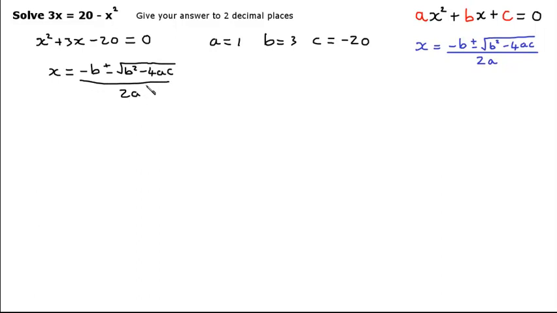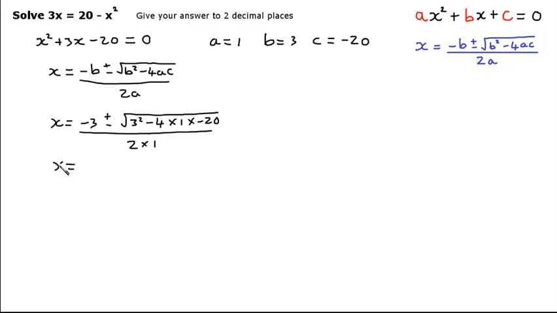I hope that's becoming familiar now. So, substituting our values in, we've got minus b, so that's minus 3, plus or minus the square root of 3 squared minus 4 times 1 times minus 20. And then all of that is divided by 2 times 1.